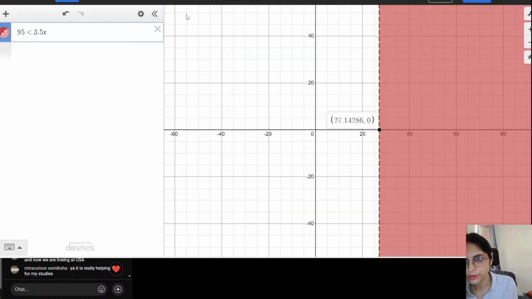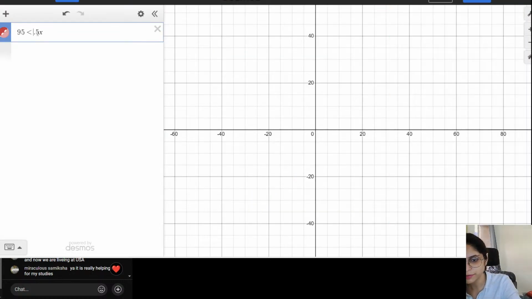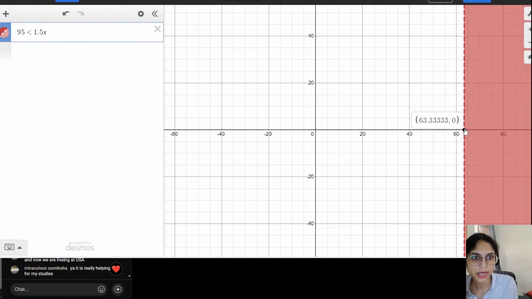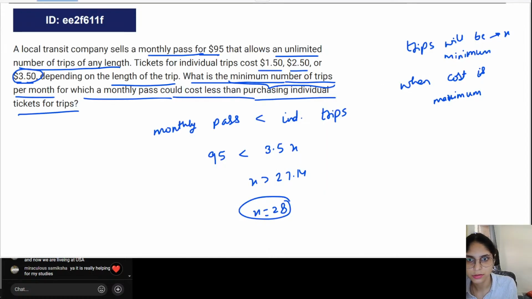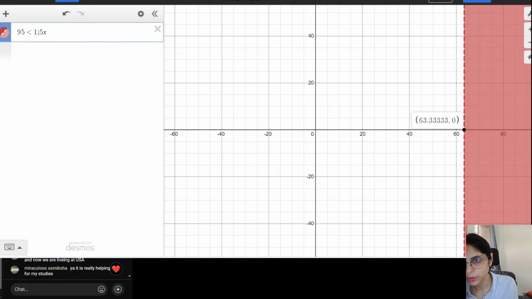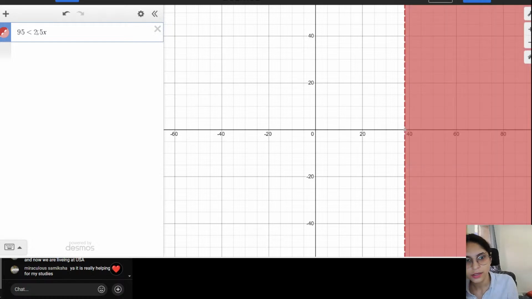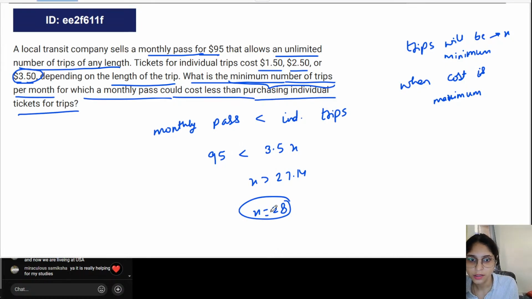And you can check also, if you take 1.5, you will get a maximum number of trips. If you take 2.5, that's also going to be greater than that. And if you're taking a combination, it will still be greater than this number. When all trips are costing $3.50, that's when you're going to take the minimum number of trips.